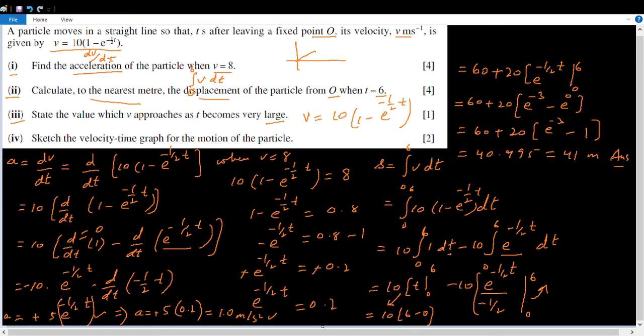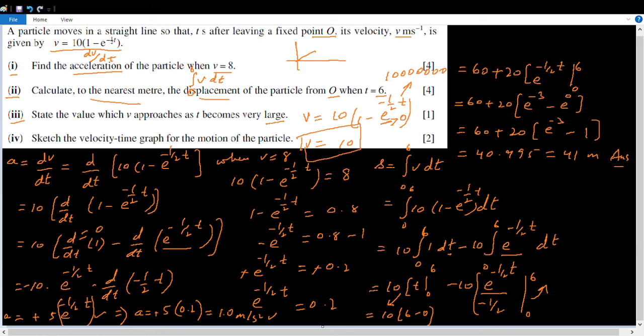Now when you make t very large, like you write 0 0 0 0 0 0, this factor will approach 0, and 1 minus 0 is 1, and 10 ones are 10, so you can check it on a calculator. So v will approach 10 when t is very large.